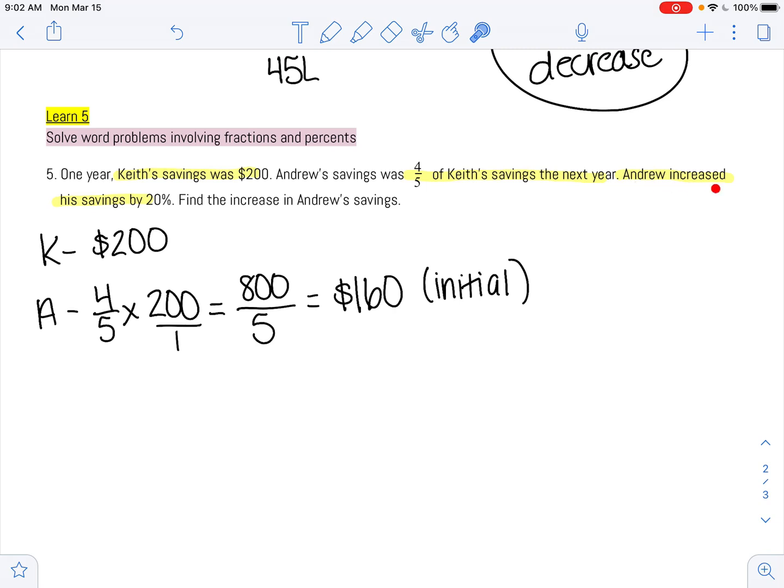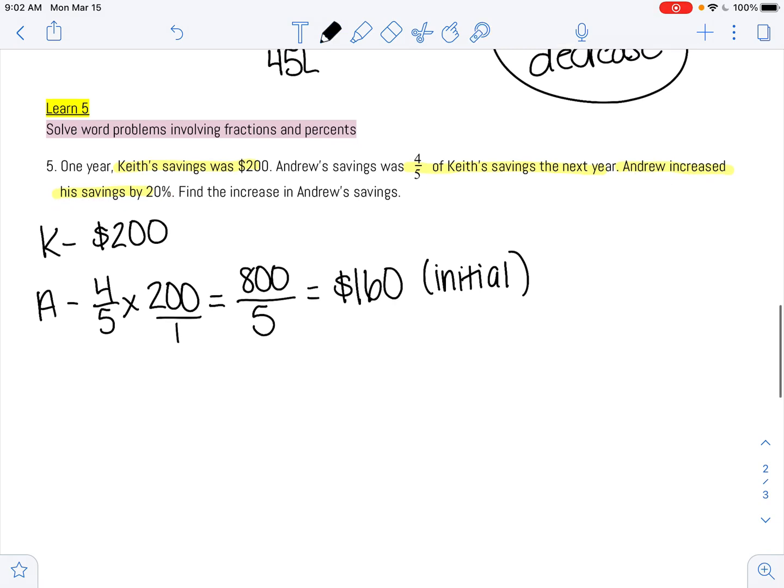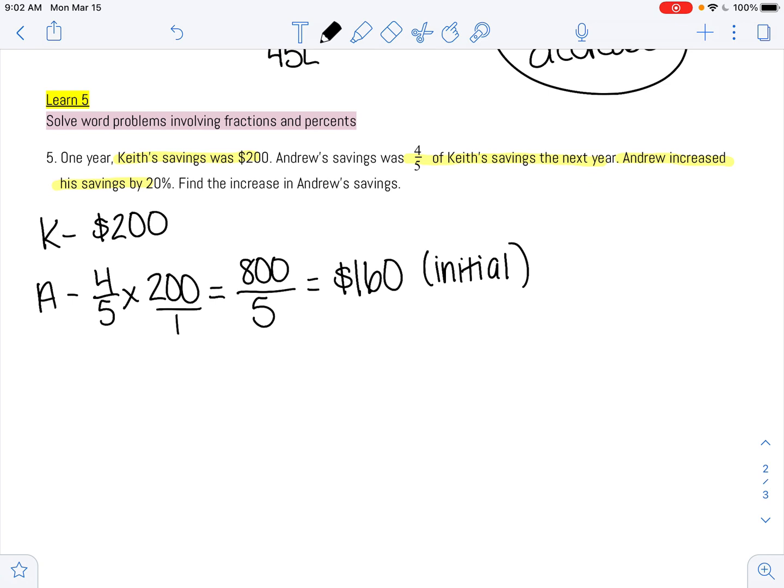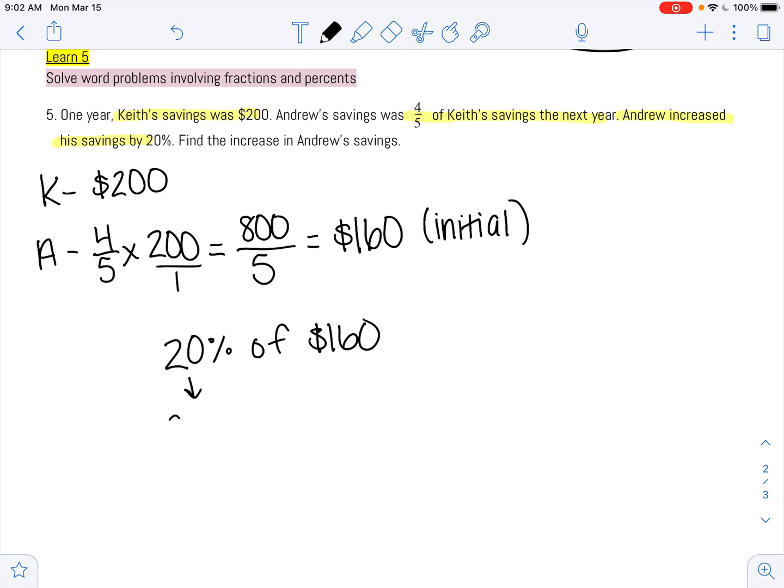Then it's increasing by 20%. So we want to find that percent increase for Andrew, or finding 20% of $160. So we could convert this to a decimal, then multiply to see that his increase was $32 after this year.